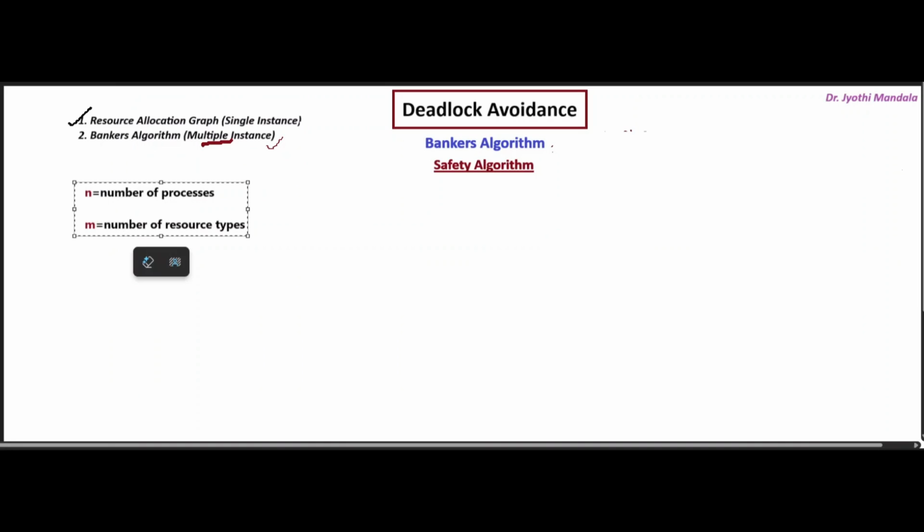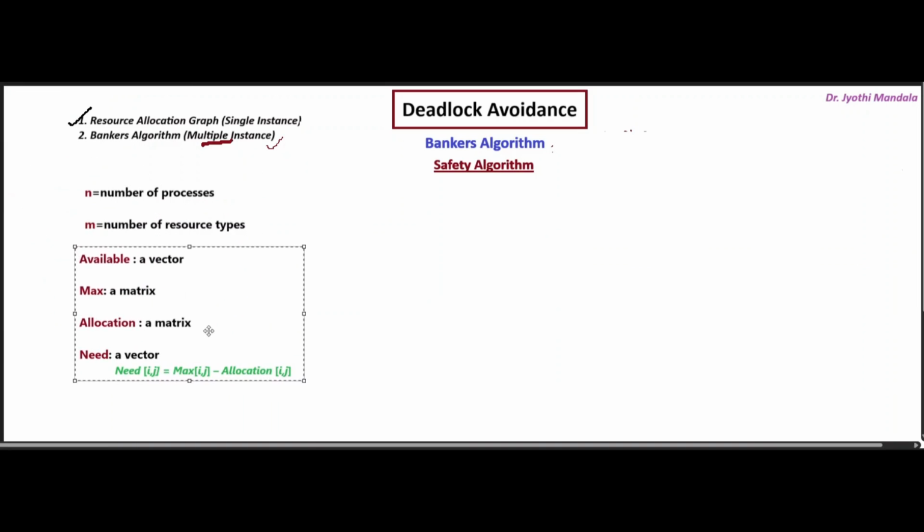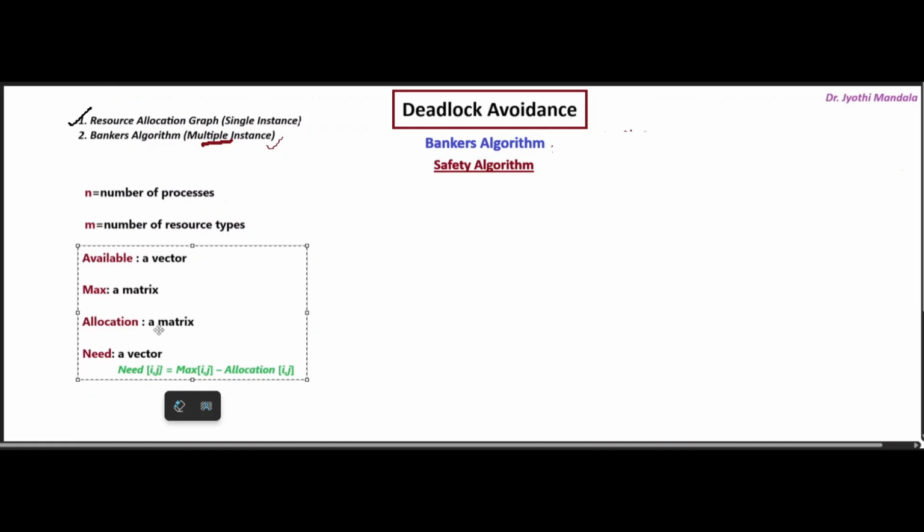Now coming to the other data structures, the safety algorithm requires available, max, allocation, and need. Available is a vector that tells how many resources are available.